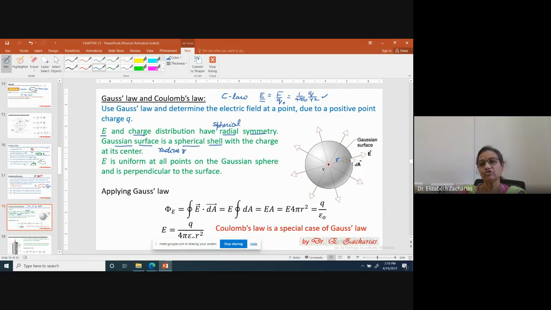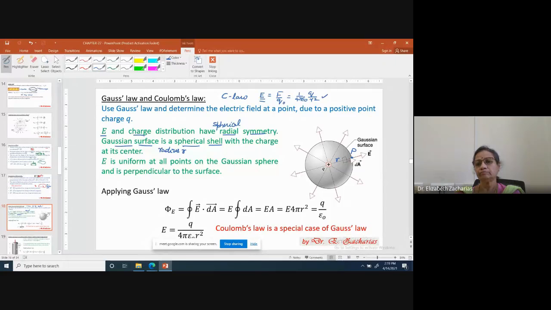I need the radius to be r because I want to find out the electric field at, let us say, this point P. At a point P, distant r from the charge q, I want to find the electric field. Therefore, the golden rule is, I have told about so many golden rules, one of the golden rules is my spherical Gaussian surface should be drawn in such a way that on it will lie my point P.